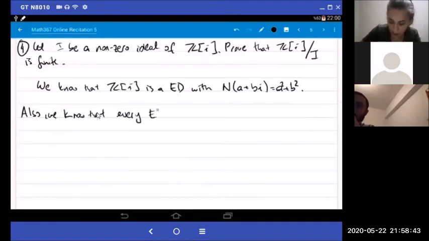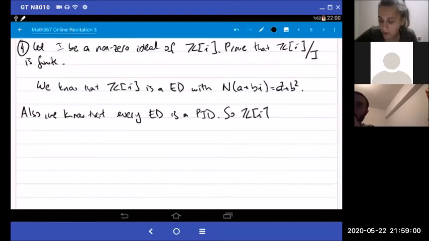So if we take a non-zero ideal from this ring, we know that it is generated by one element. So Z[i], being a Euclidean domain, is a PID.